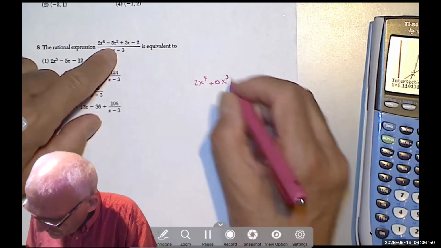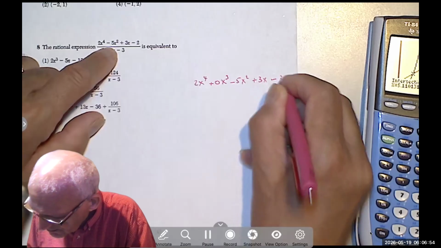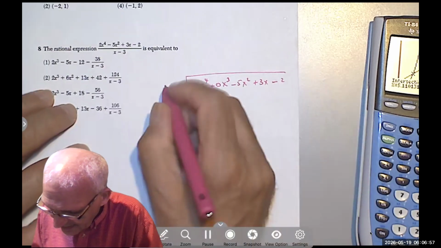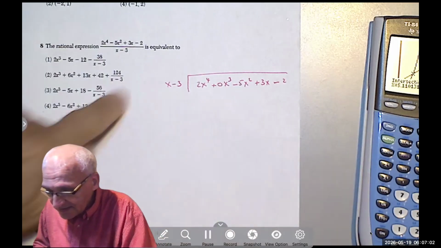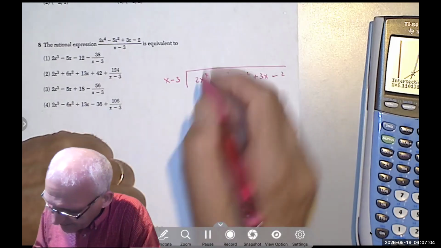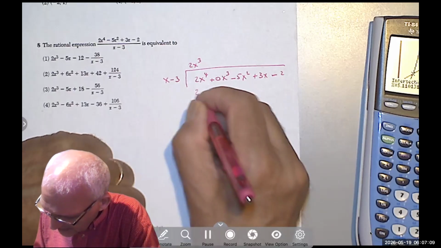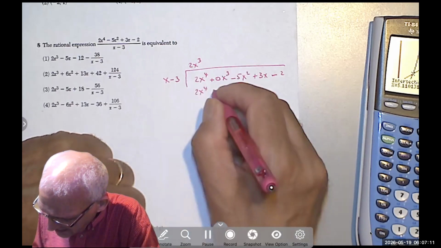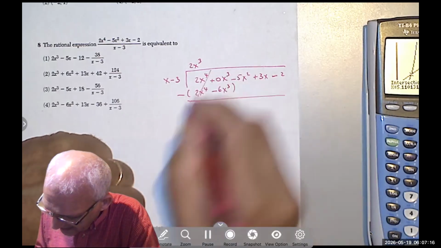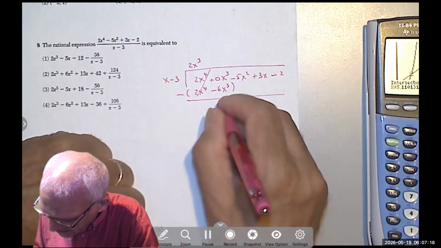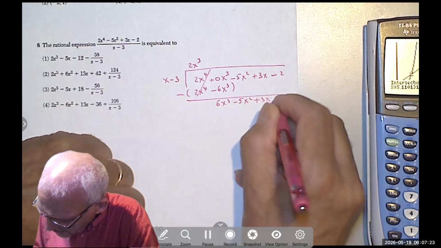To play it safe, we are going to do that. You divide that by x minus 3, or you can use synthetic division and make that 3, exactly like we did last time. You divide this, you get 2x cubed times x, of course, it's 2x to the 4 minus 6x cubed. And then you subtract. So these cancel. Negative times negative is positive 6x cubed minus 5x squared plus 3x minus 2.